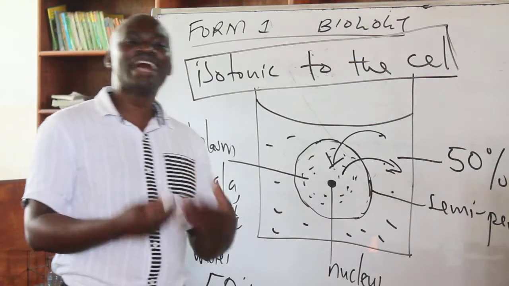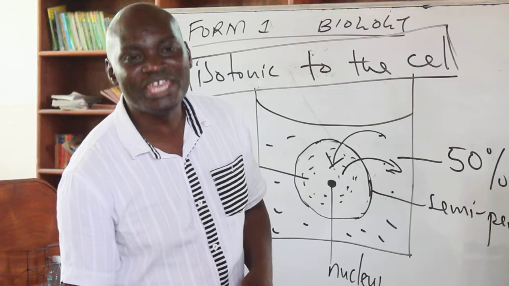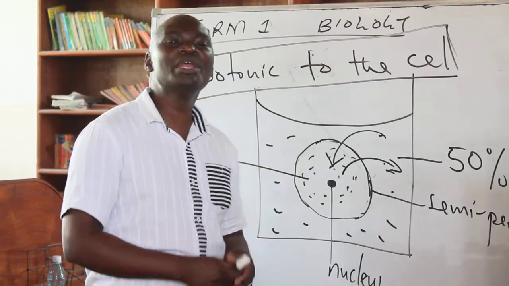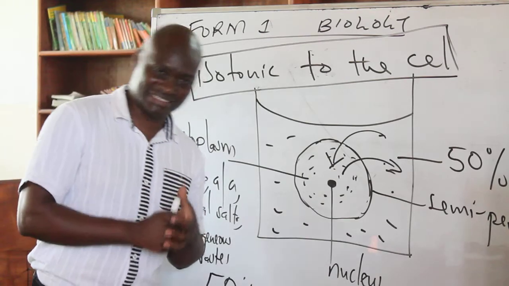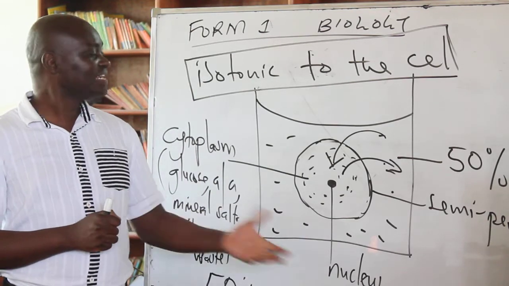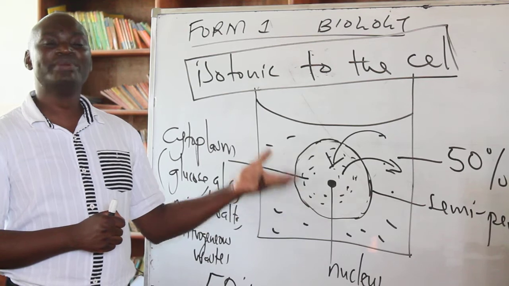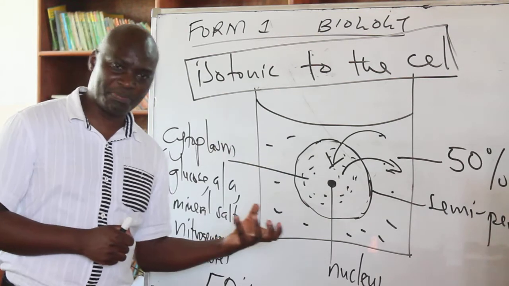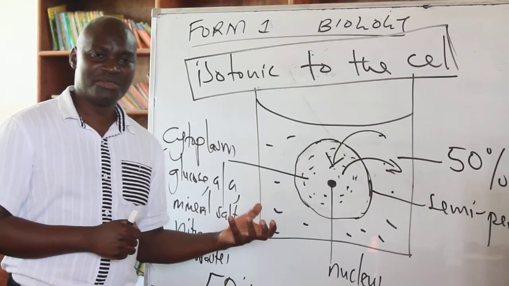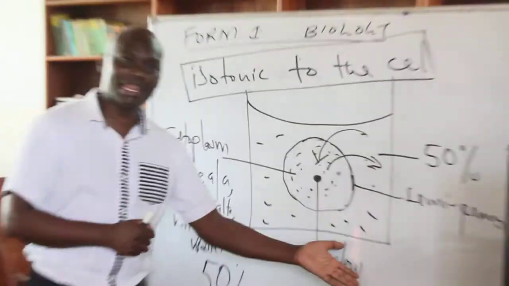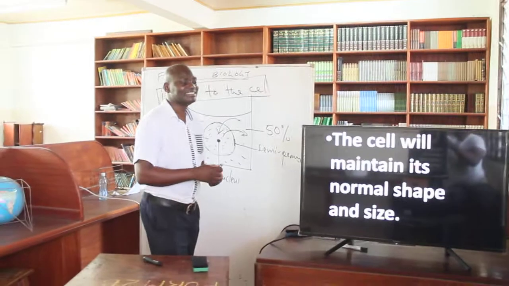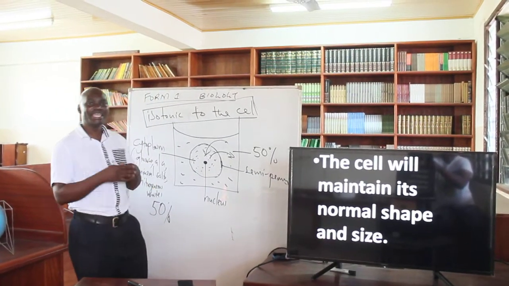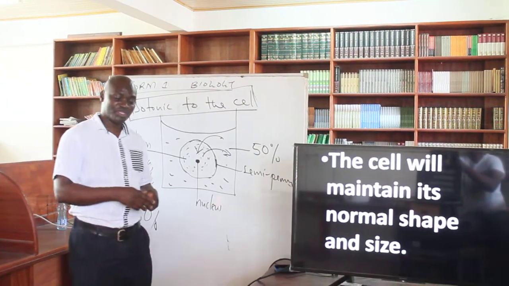Therefore, because that movement will be equal, the cell will maintain its shape and size. So in that case, this animal cell will maintain its shape and size, because the amount of water leaving the cell will be the same as the amount of water that is moving into the cell.